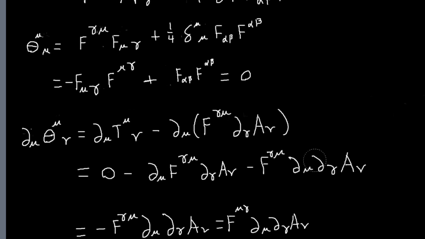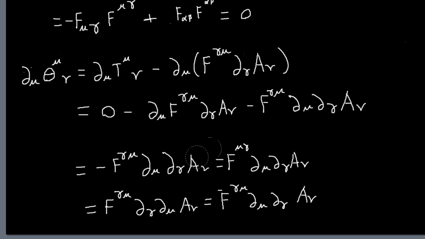And then this term, our F is antisymmetric, and then we have two partial derivatives, so it's symmetric between mu and gamma. So we can play our game with the indices and show that this is equal to minus itself, and so it is also 0. So this new energy momentum tensor is also conserved.